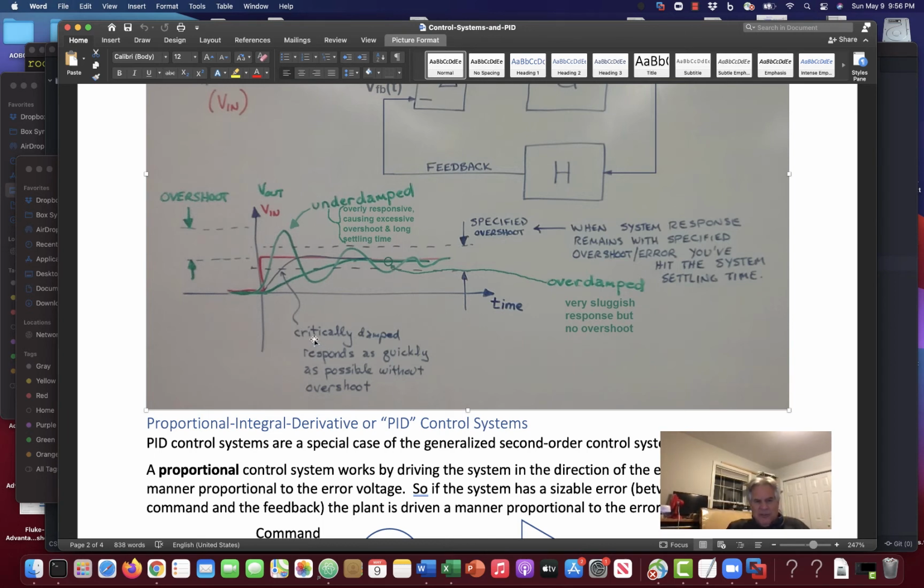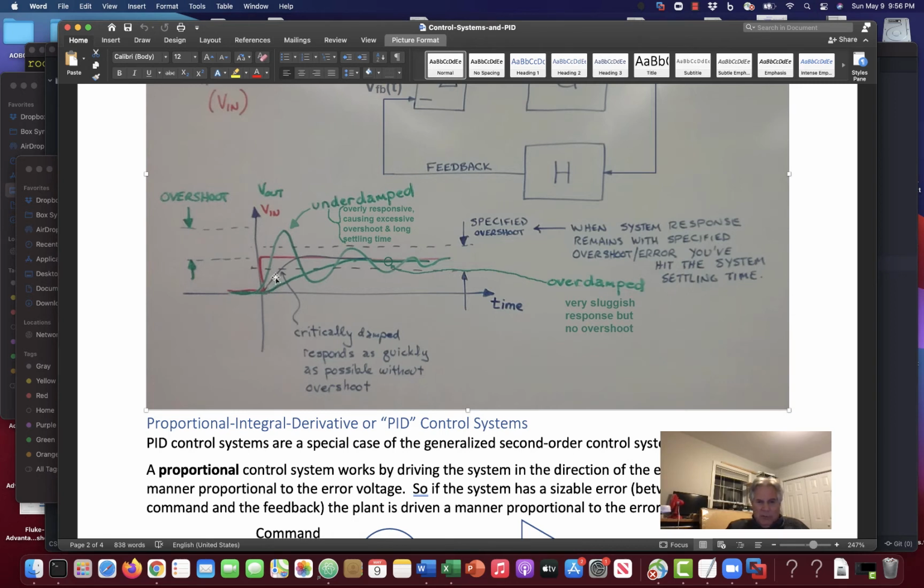And then there's another type of control system that's critically damped, and it responds as quickly as possible without overshoot. So you have the red step input here, and the critically damped system responds.